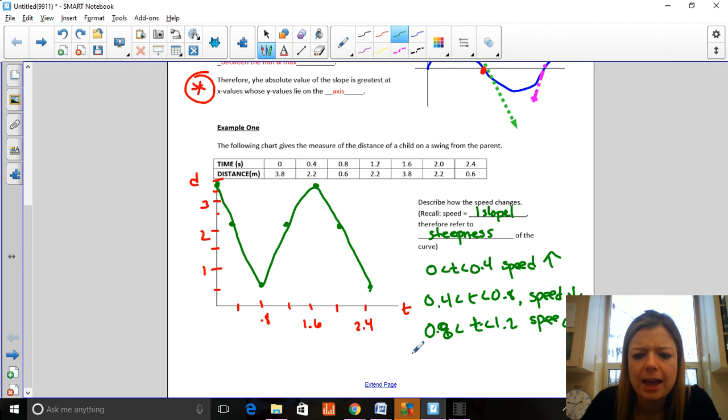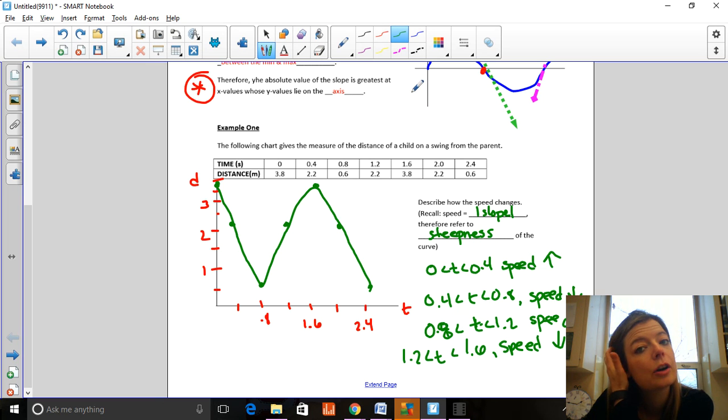And then between 1.2 and 1.6, the speed decreases again. So this is going to occur and reoccur for every period. So here to here we have speed increasing, here to here decreasing, increasing, and decreasing.